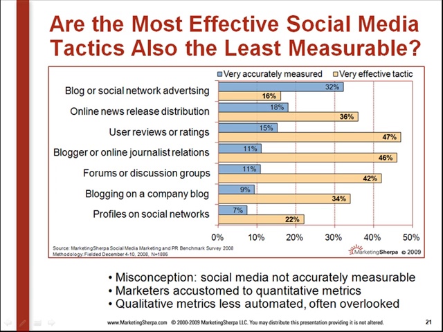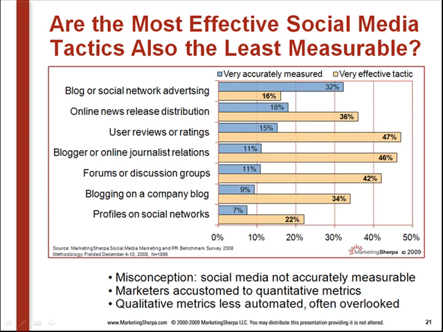Blog or social network advertising happens to be the tactic that is the most accurately measurable, but the least effective. That seems more of a misconception than reality, because they're only selecting that because advertising click-through rates are easily measurable.